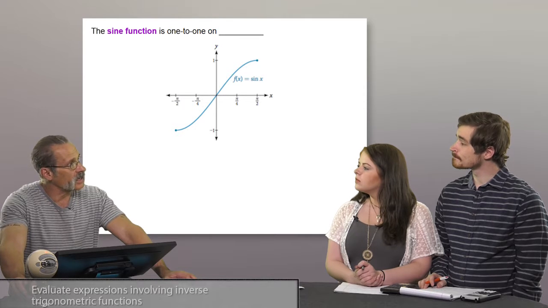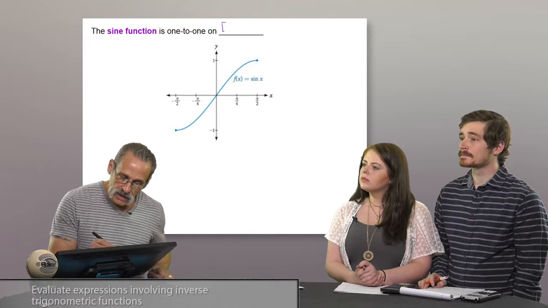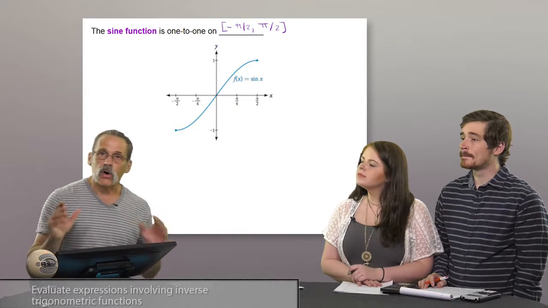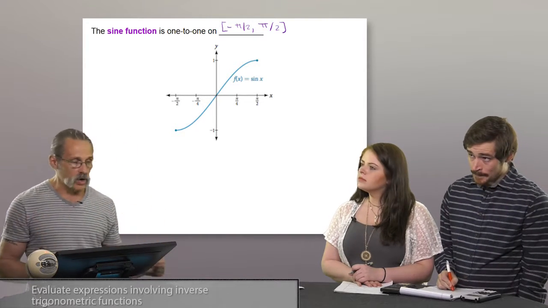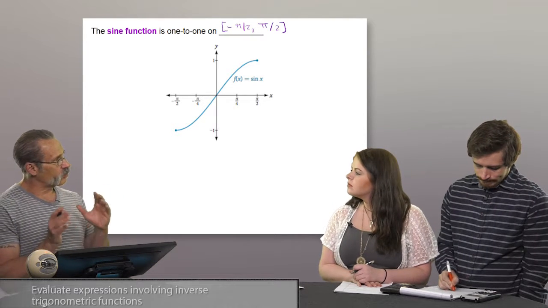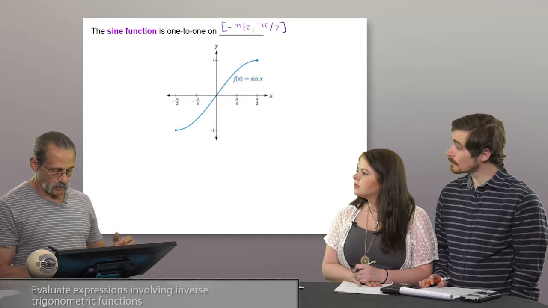We restrict the domain. On sine, if we restrict the domain from negative pi over 2 to pi over 2, we'll get all the outputs from negative 1 to 1, and the function's 1 to 1 on that domain. Now remember, that domain for the sine function will be the range of the arc sine function.